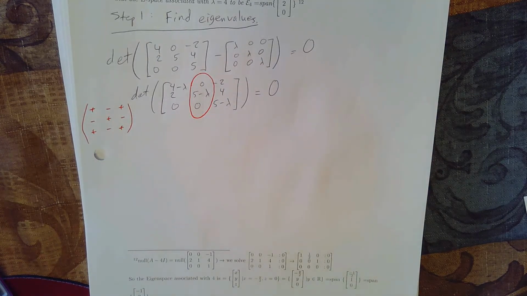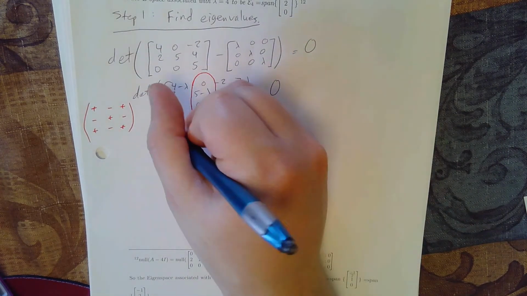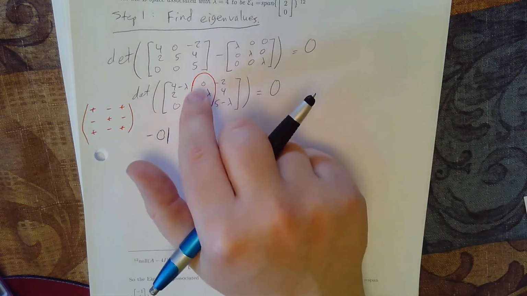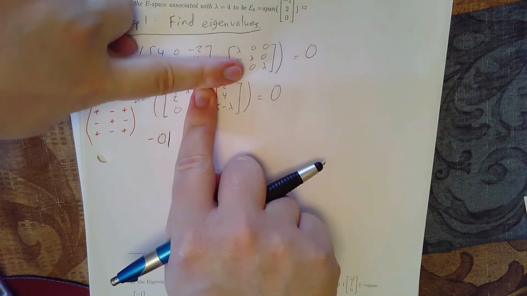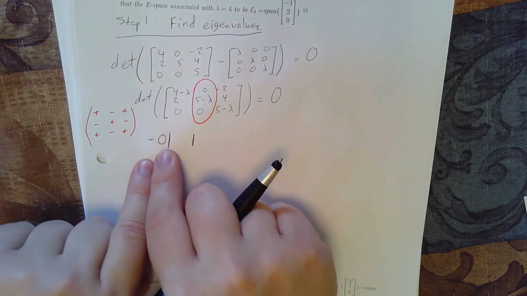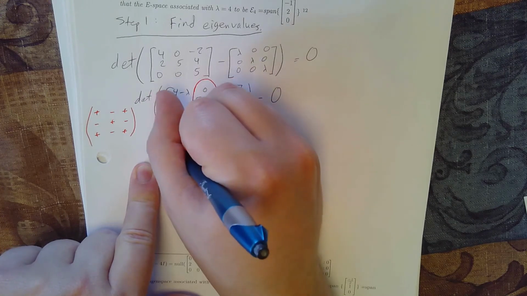So for our cofactor expansion, we'll have negative 0 times the determinant of the matrix we get by removing this row and column. But we don't care what that is because it's multiplied by 0.